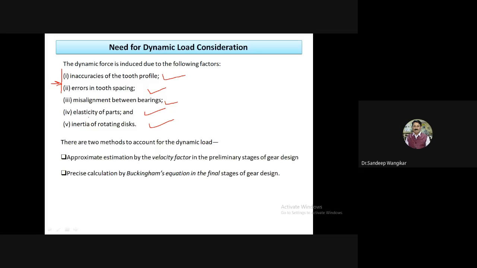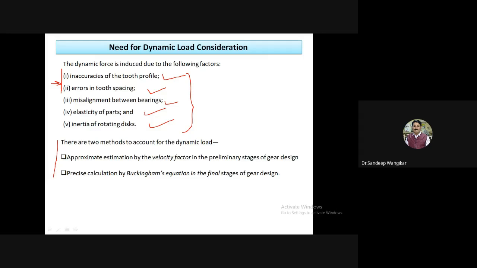Inertia of the rotating disc: whatever inertia is caused due to the rotating parts will also have some adverse effect. These are a few causes for the dynamic load acting on the gear, and due to this, one has to consider the dynamic load. Okay, up to this, we have discussed the need for taking the dynamic load into account.